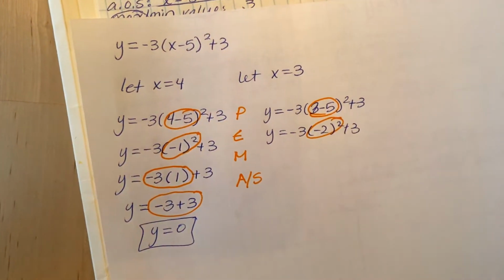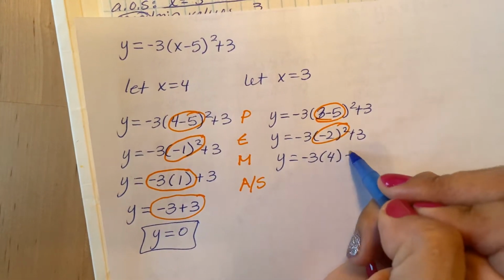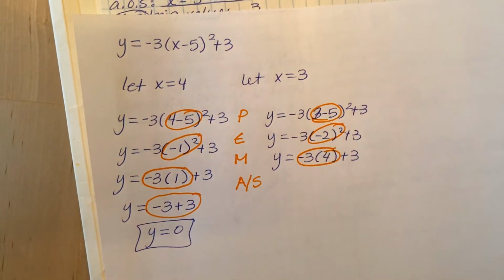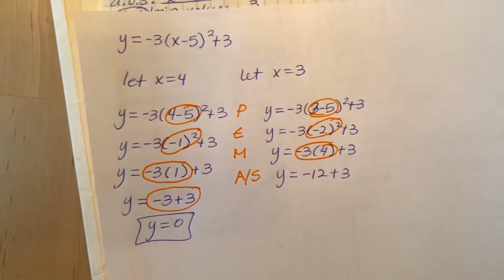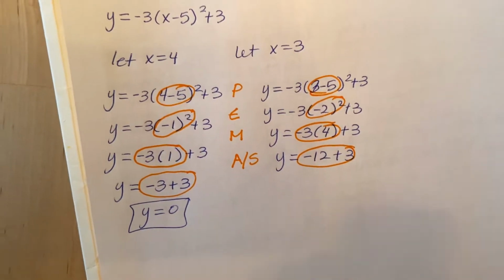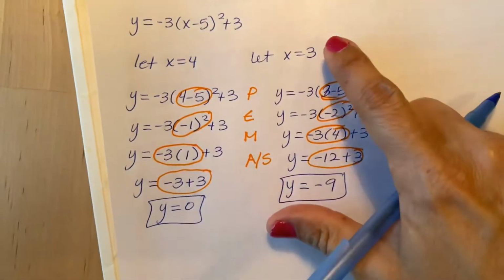Exponents, so -2 squared is +4, plus 3. Now we're going to take care of our multiplication, and just be careful with your signs. And then coming in at the end, -12 plus 3. So in this case, we're going to subtract, and I get -9. So my input is 3, my output is -9.